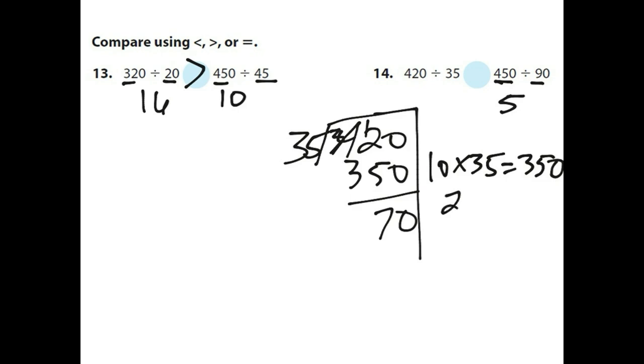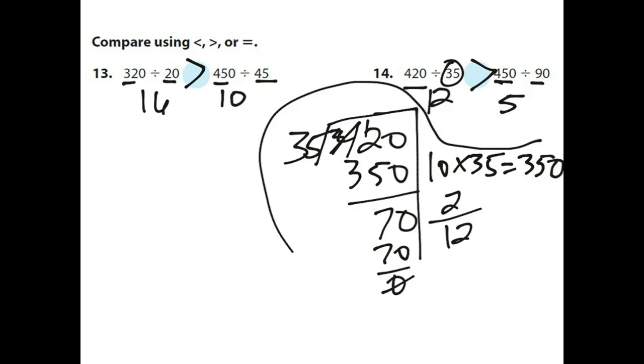So that's going to be 12. Now, also, we should have known that if we do 10 times 35, it's going to be 350, so we should know that this one is going to be bigger, really, without even doing this. Yeah, I just wanted to give you some practice there.